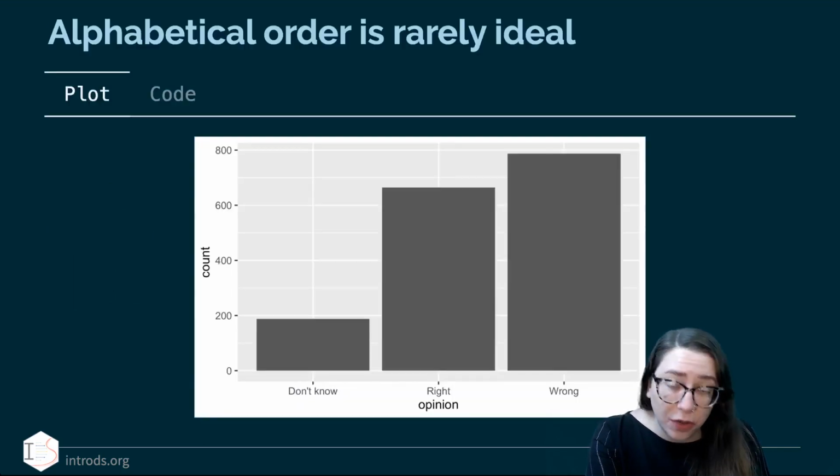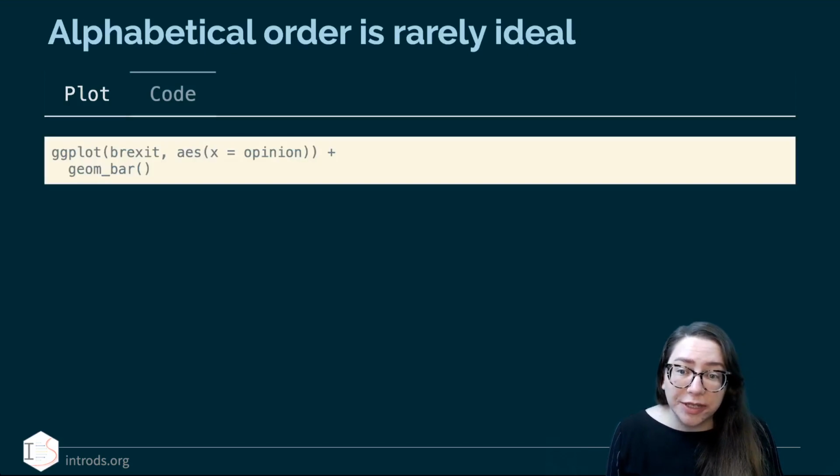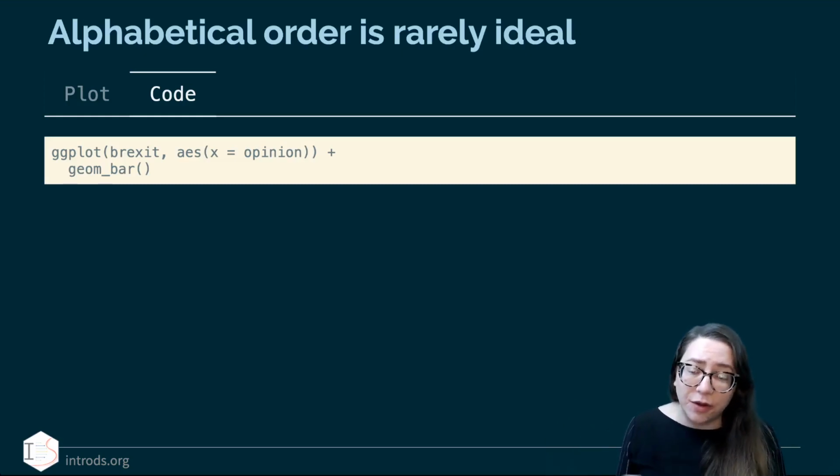So alphabetical order is usually what you will see in your visualizations, especially if you're making them with ggplot2, but most often for other software or using other systems in R as well. So this is a standard ggplot where we have on the x-axis the opinion category, and we've just used geom bar as the geom object to create it.